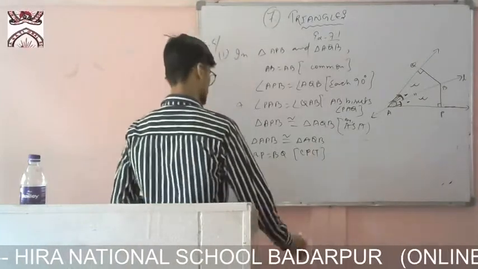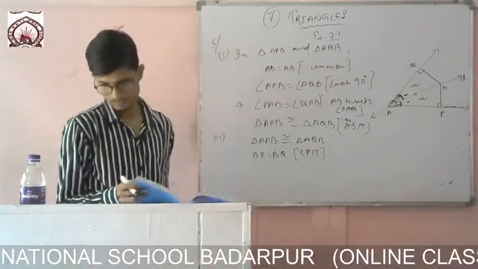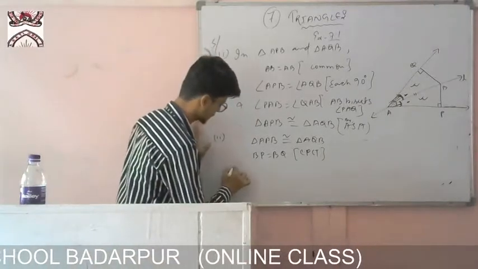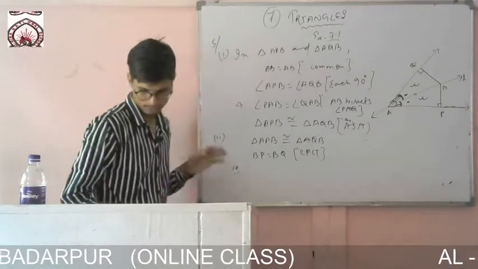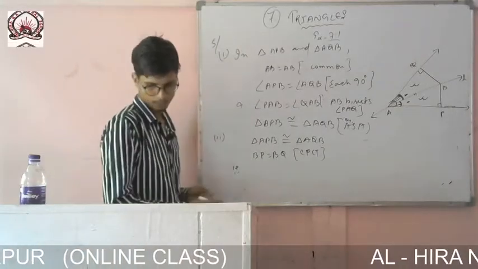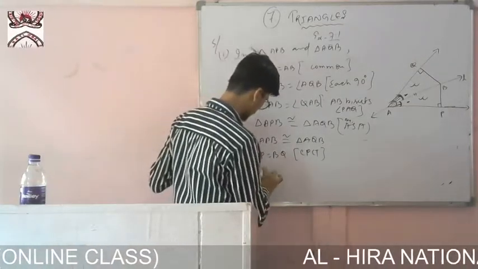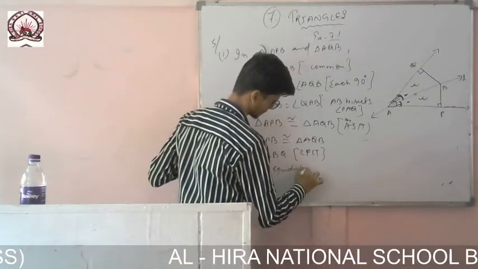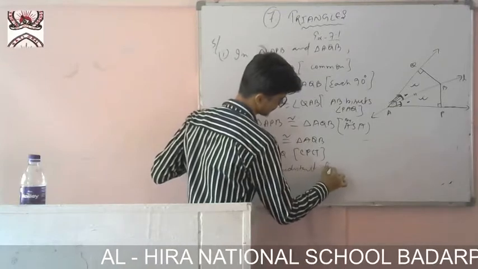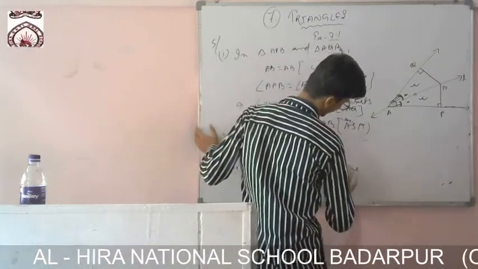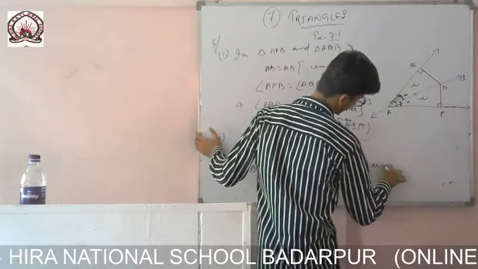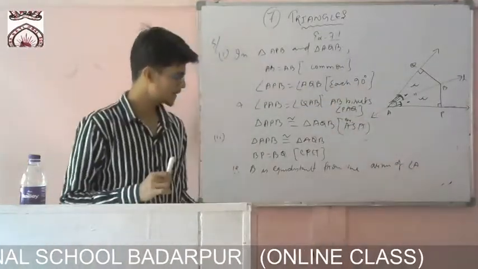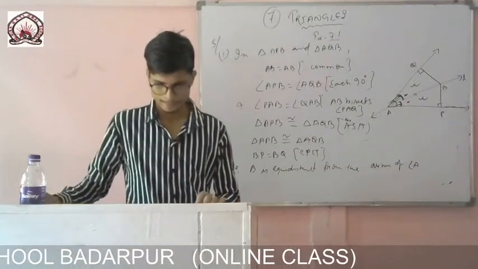Or you can write what is given: B is equidistant from the arms of angle A.